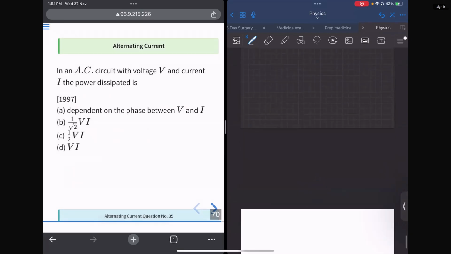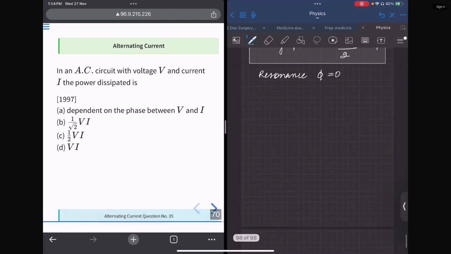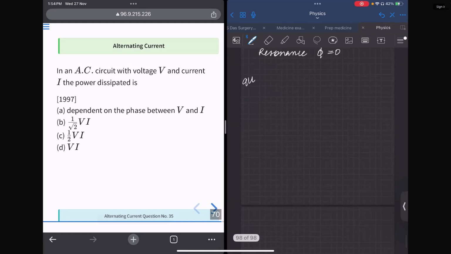Moving on to question number 35. We have an AC circuit with voltage V and current I, and we have to calculate the power dissipated. We just read this in the previous question.